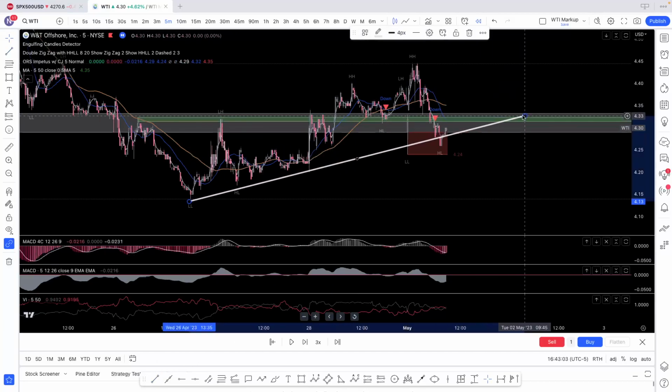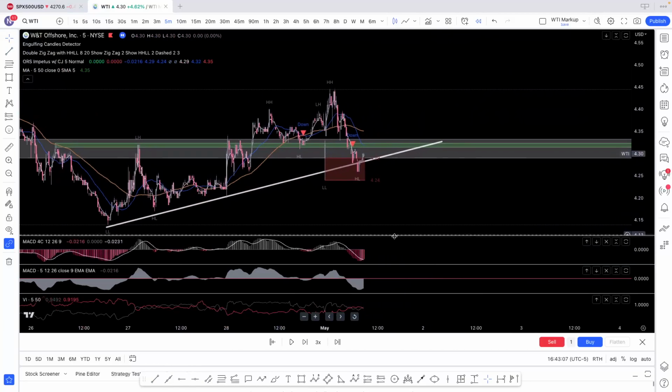Put this back here. Price already broke that. So it has broken this. I wonder if it'll retest this level and then come back down.